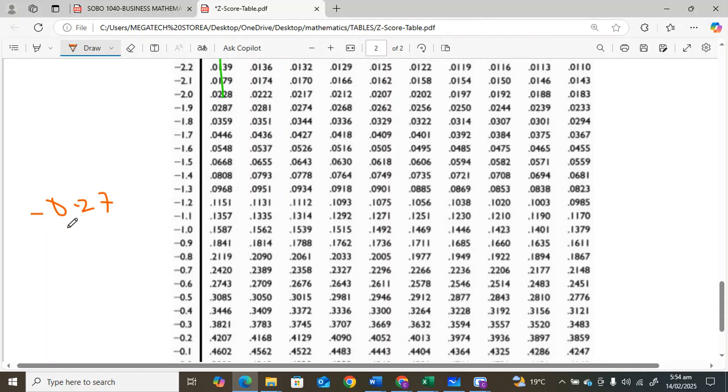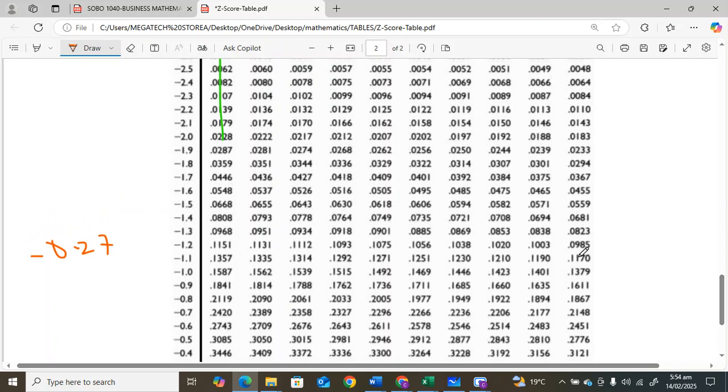It's negative, yes. And how do we read it off this table? Where do we look first and where do we look second?